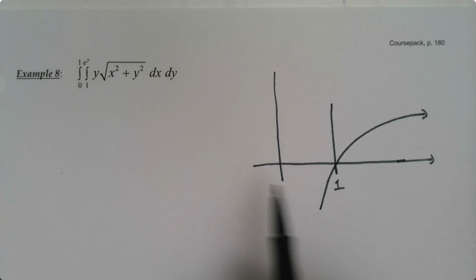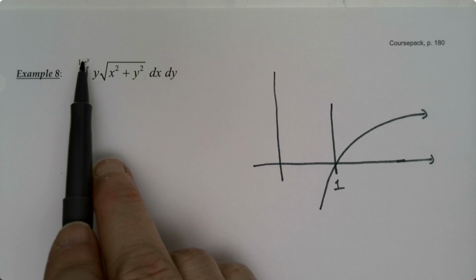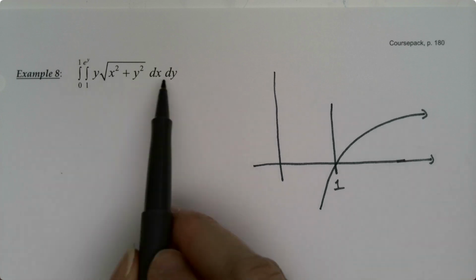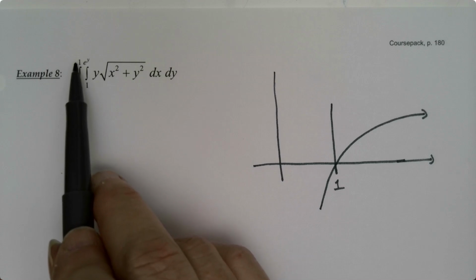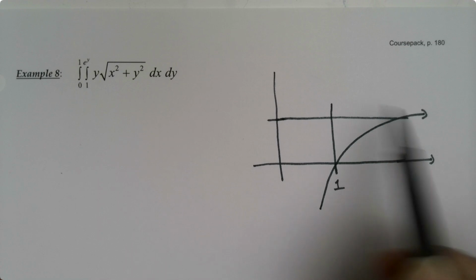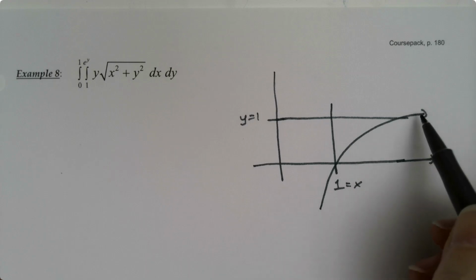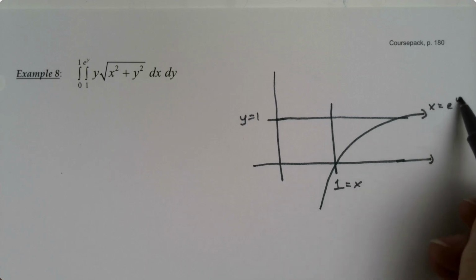Okay, so then we're going to stop at 1 and e to the y, but then we're going to stop at 0 and 1 for our y values. So y equals 1 for the y values up here. So this is y equals 1, this is x equals 1, and this is x equals e to the y.